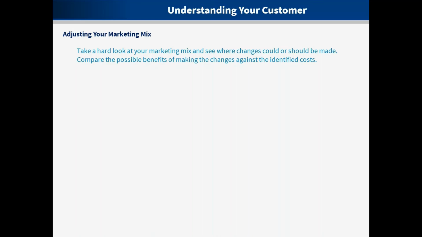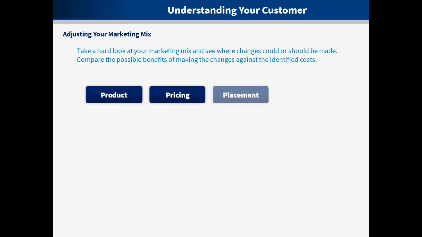However, if you have seen a slump in sales or your current marketing efforts do not adequately cover the potential customers you have identified, corrective action may be needed. Other important factors to consider are expenses and difficulties associated with adjusting a marketing campaign. Compare the possible benefits of making the changes against the identified costs.